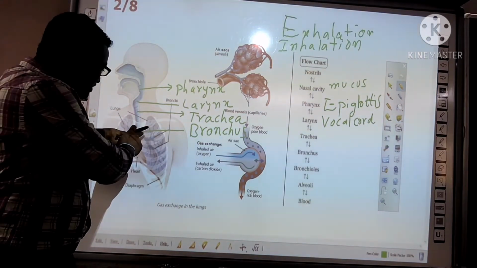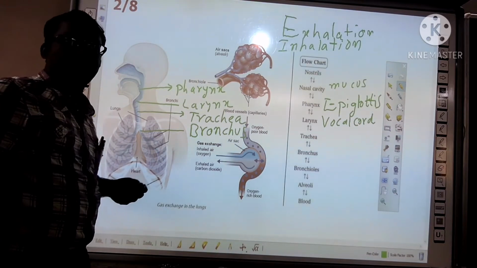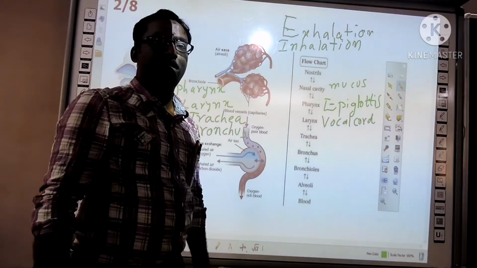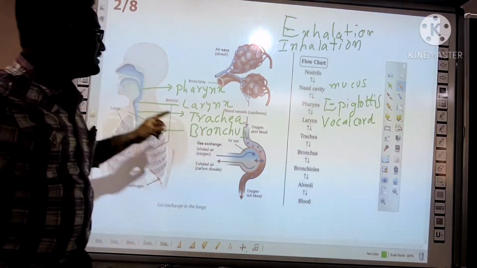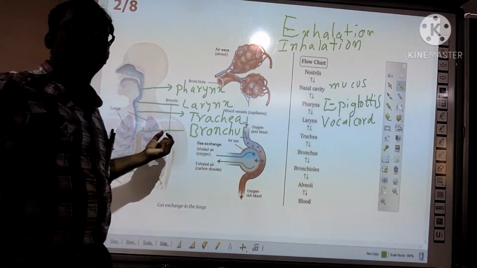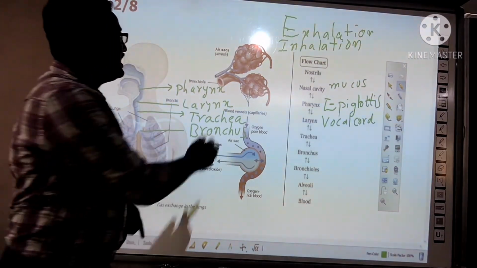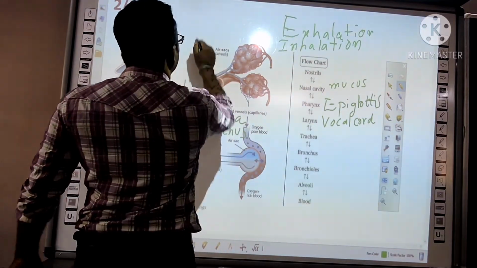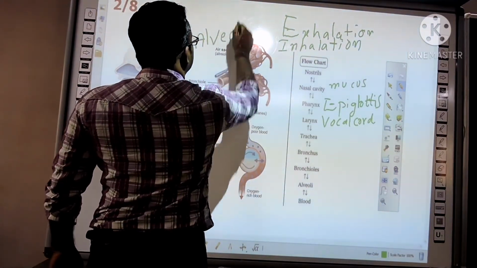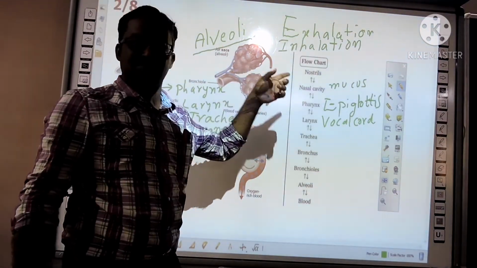Now the two bronchi finally divide into very small branches called bronchioles. Understood? The bronchioles finally terminate into small satellite structures which are numerous in number. They are called alveoli or air sacs. These are the structural and functional unit of the lungs.